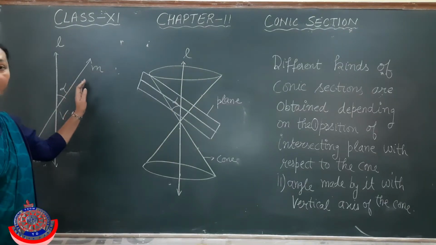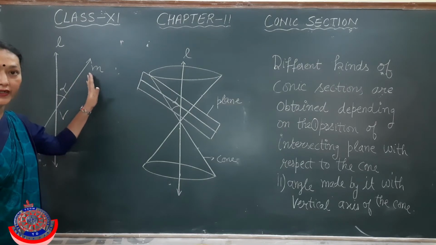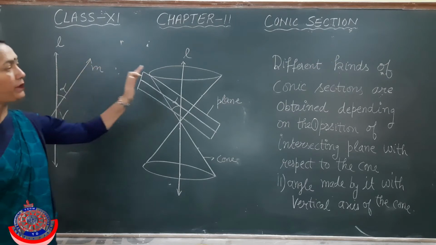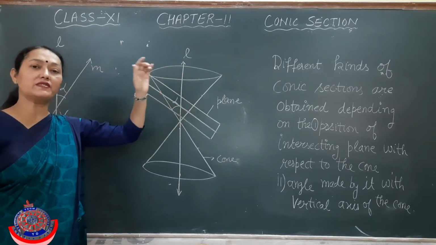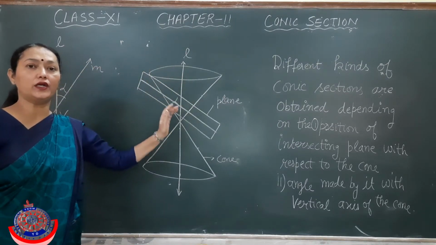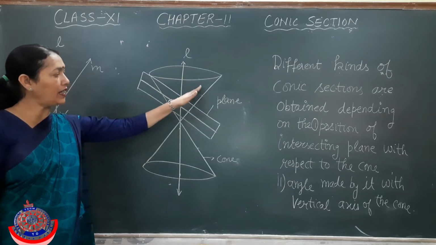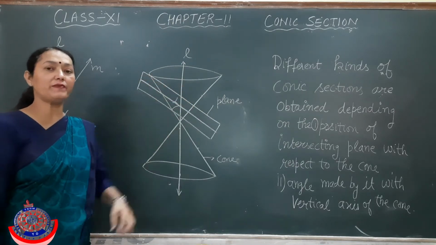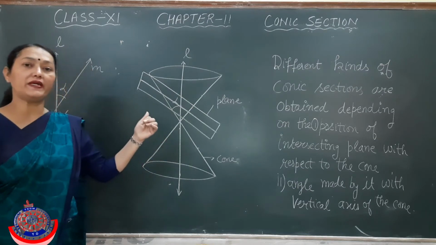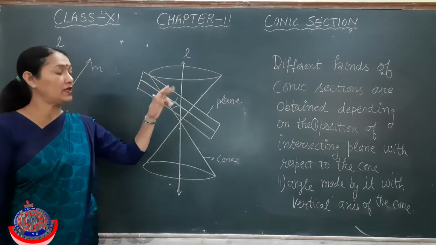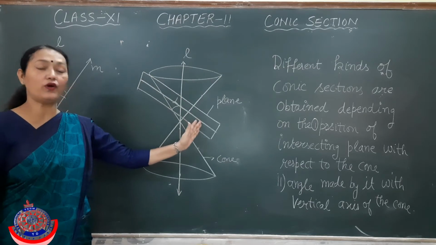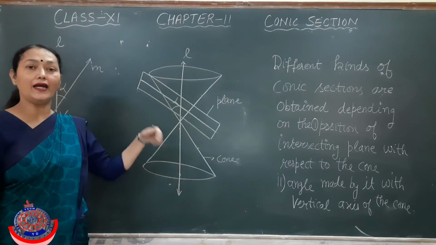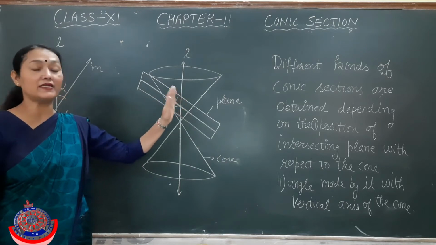Now by rotating the generator line around the axis, when we have obtained a cone, then there will be some intersection between this cone and the plane. So what kind of conic section will be obtained? It all depends upon two things. One thing, position of the intersecting plane as compared to the cone, and the angle formed by this intersecting plane.